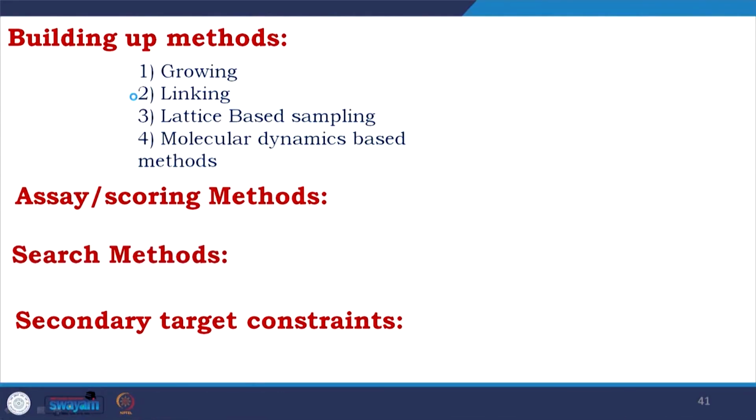There are 3 other methods: assay or scoring method, search method and secondary target constraint. All of them I will discuss in the next part when we explain docking based virtual screening.